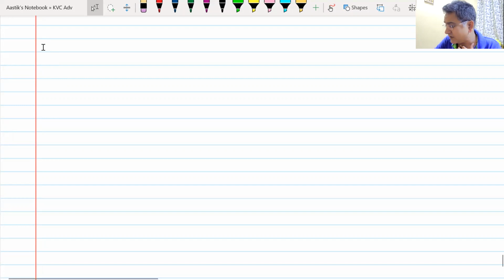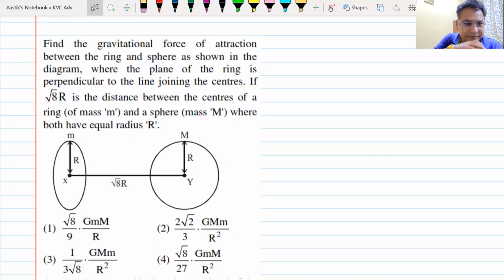I was about to tell you that this question can come in your JEE, and I'm very surprised to see, just now I opened up your previous paper, and this is what I see. Exact copy. This is from the year 2021, I think. Exact copy.